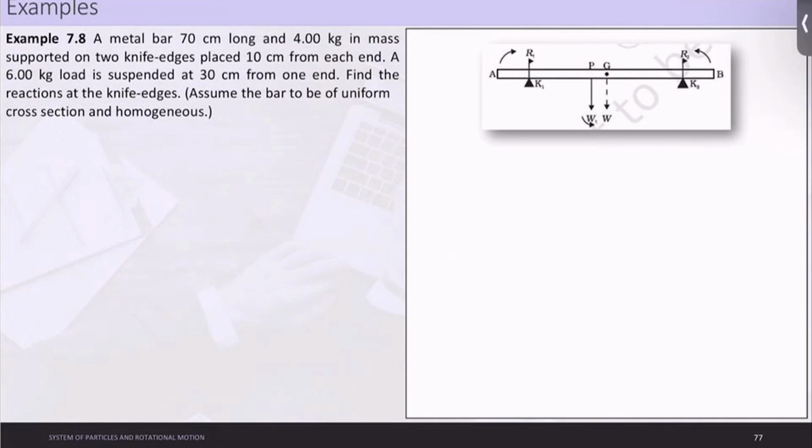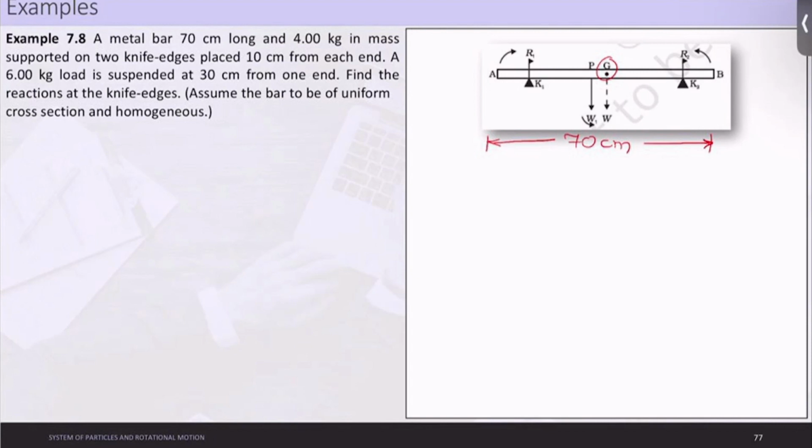A metal bar 70 centimeter long, and 4 kg in mass. As it's a homogeneous rod, the weight of 4 kg would be acting from the center of gravity. What will be the center of gravity? It will be at its center of mass, at its geometric center.